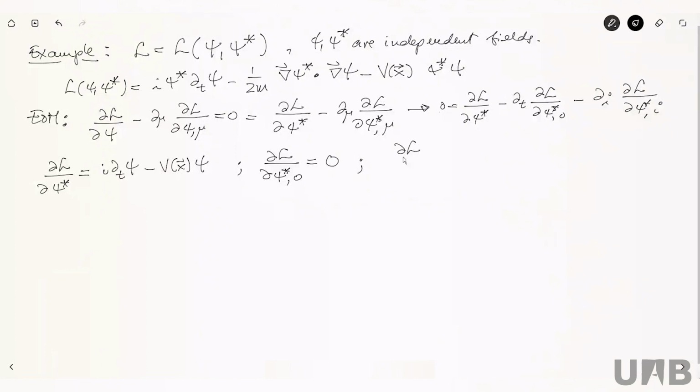Now, what is the derivative of L with respect to psi star comma i? So that means the derivative of L with respect to the spatial derivatives of psi star. How much is this?